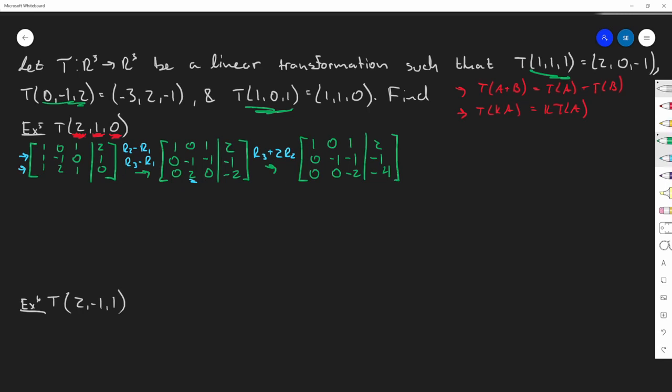Now what we can do is divide this part by 2, and then multiply this part by -1. So I'm going to have -R2 and then 1/2 R3.